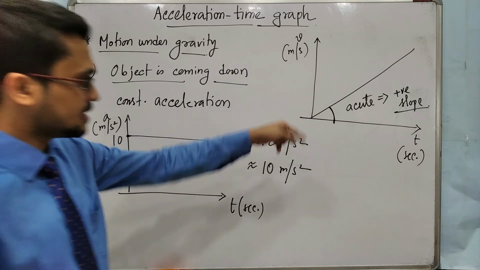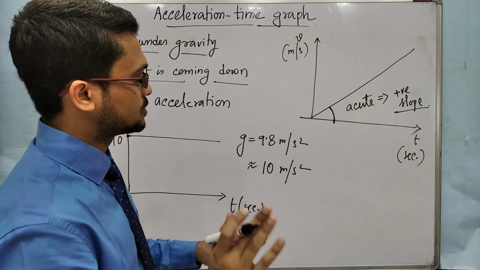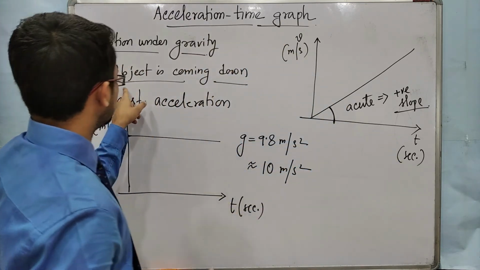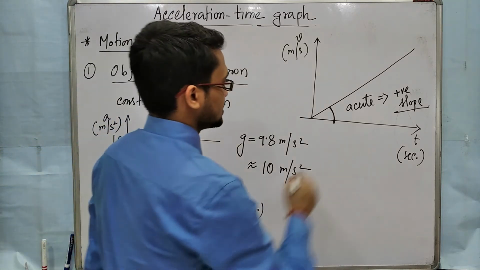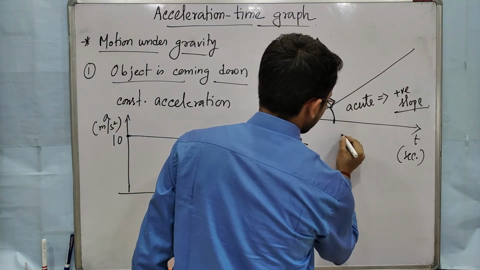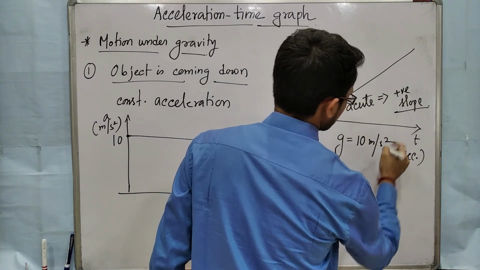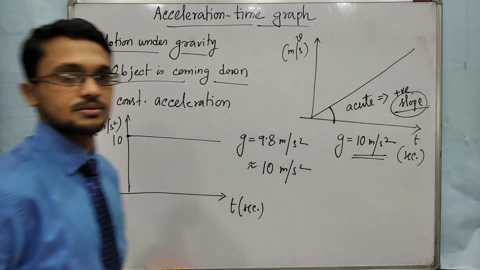Okay, and here the value of this slope, if the question is what will be the value of slope of velocity time curve for an object moving down under gravity, then this slope will be g, that is you can tell 10 meter per second square.